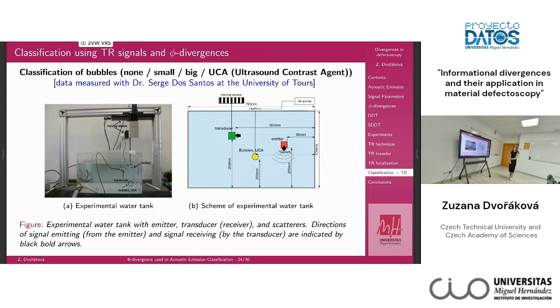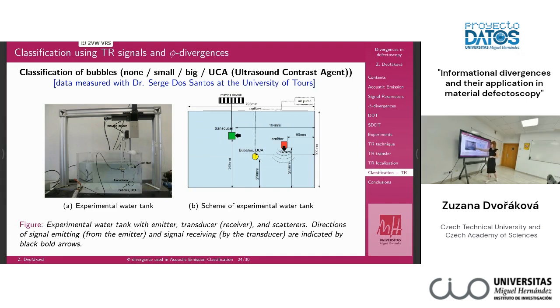And at the end of my presentation, I will present you the connection of the classification of TR signals and phi divergence. We measured with my colleague Sergio Santos at the University of Tours some signals coming from a water tank.